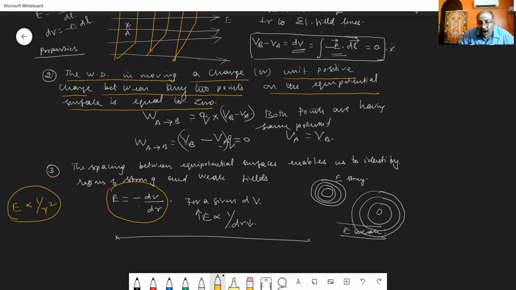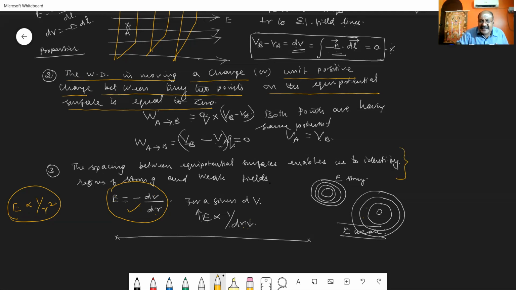This relation we have to derive. Let us derive how we got this relation. Let us see it later. But in general, we can say electrical field is inversely proportional to distance. So as the distance decreases, electrical field increases. So if the equipotential surfaces are closer together, then electrical field is higher and vice versa. Based on this, the third property is given.